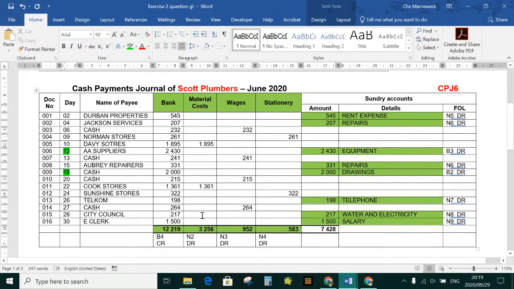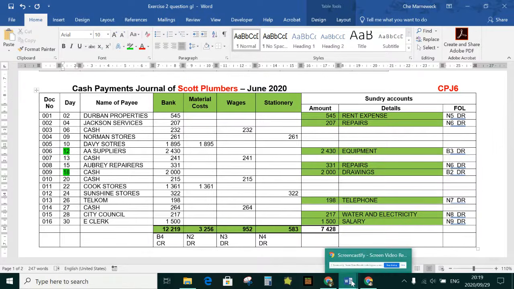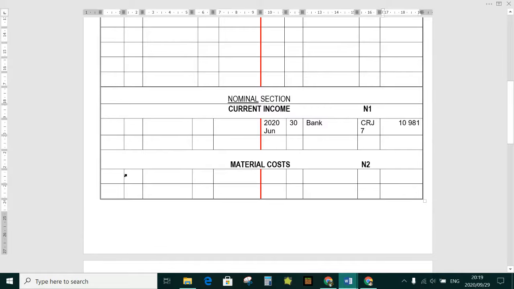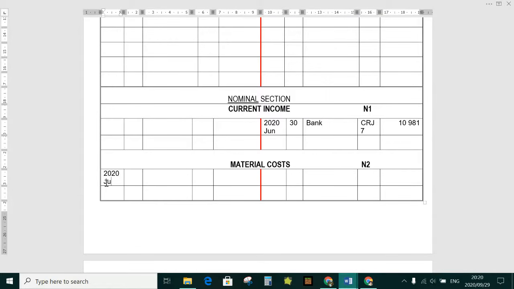Material costs. It is an expense. It is going on the debit side. It's a column, so we are posting the total amount. So on the debit side, left-hand side, 2020, June. It's a column, so we take this information on the last day of the month.